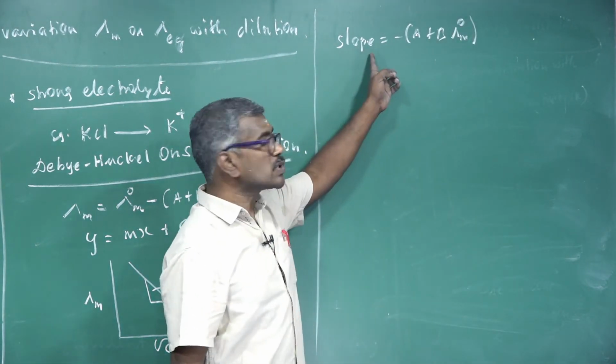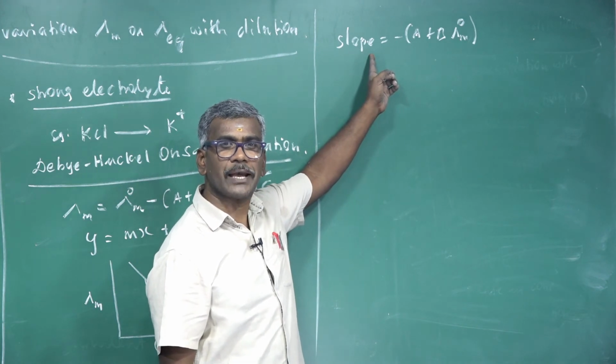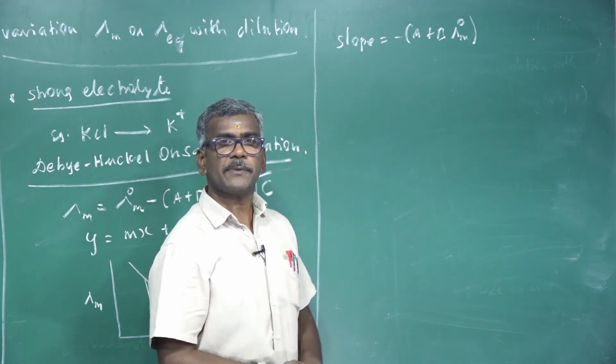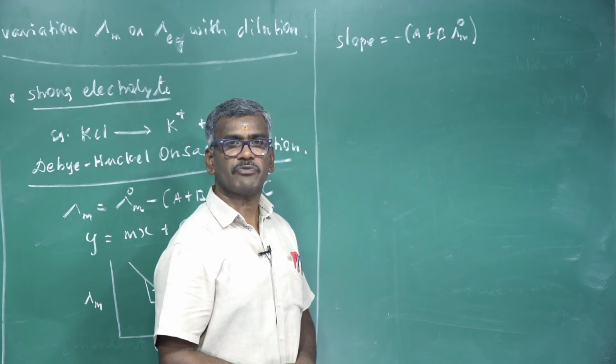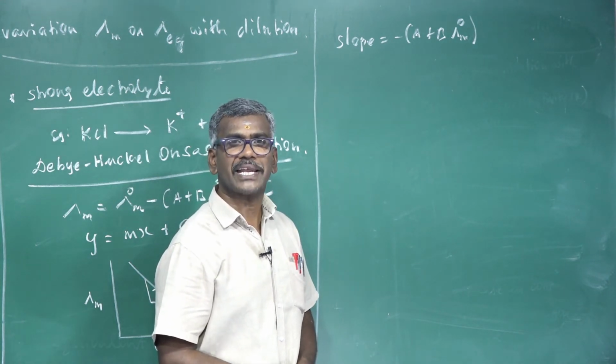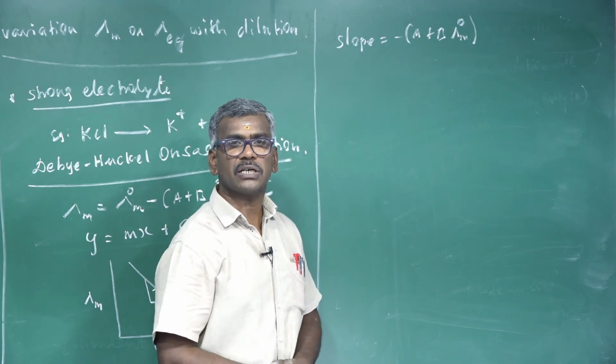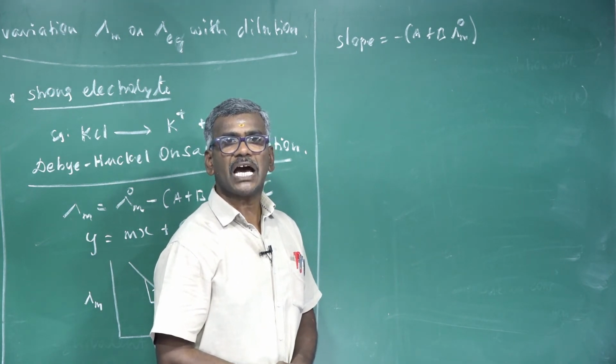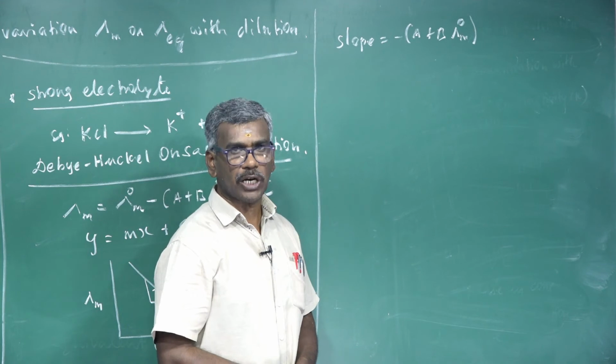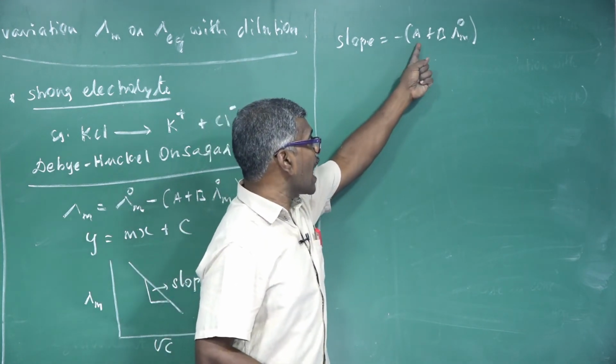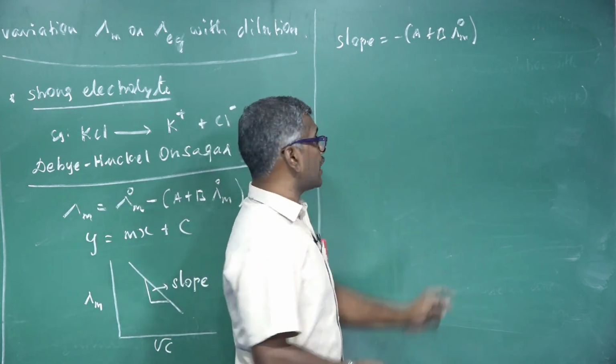The value of the slope depends upon the type of electrolyte, that is, the charge carried by the cation and anion produced and the degree of dissociation of the electrolyte. Here A and B are constants.